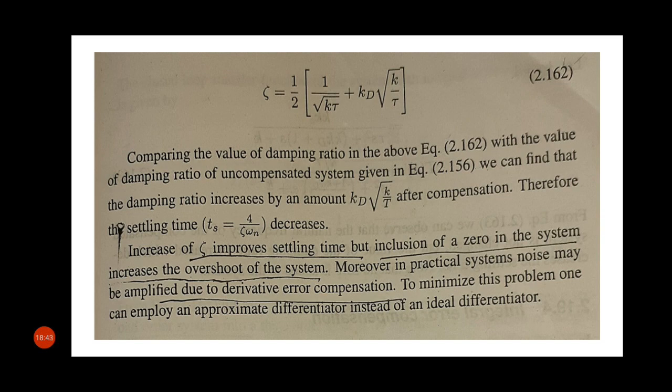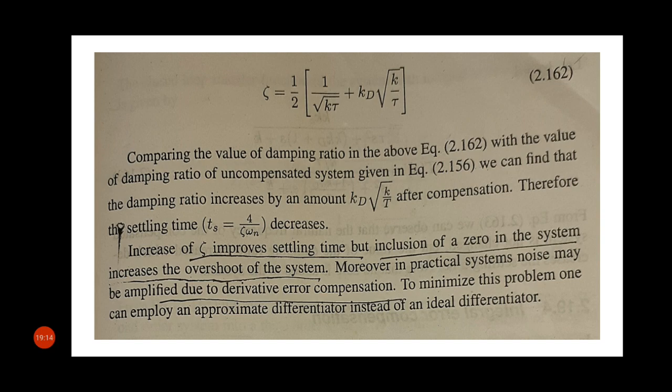That means the damping ratio increases by an amount Kd root under K by tau after compensation. Therefore the settling time Ts, which we know equals 4 by zeta omega n, decreases, because after compensation our damping ratio increases. If zeta is increased, settling time Ts obviously decreases.